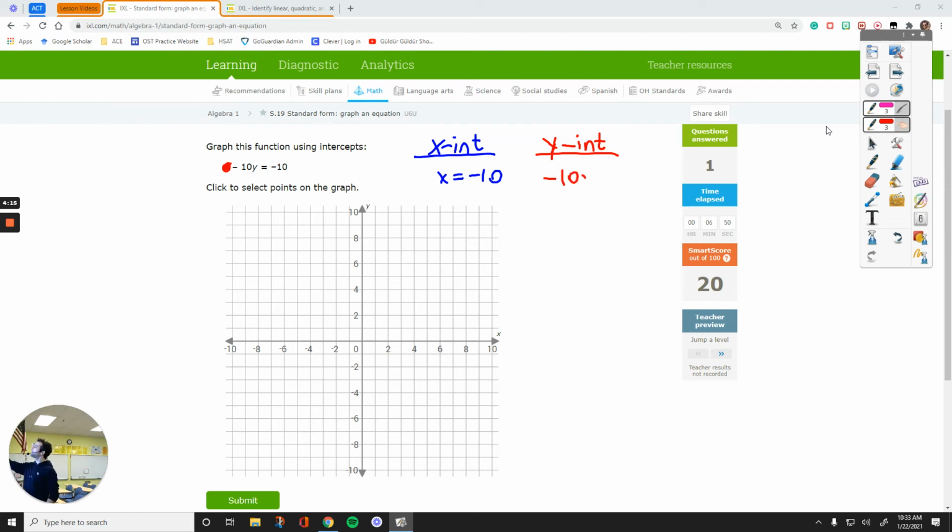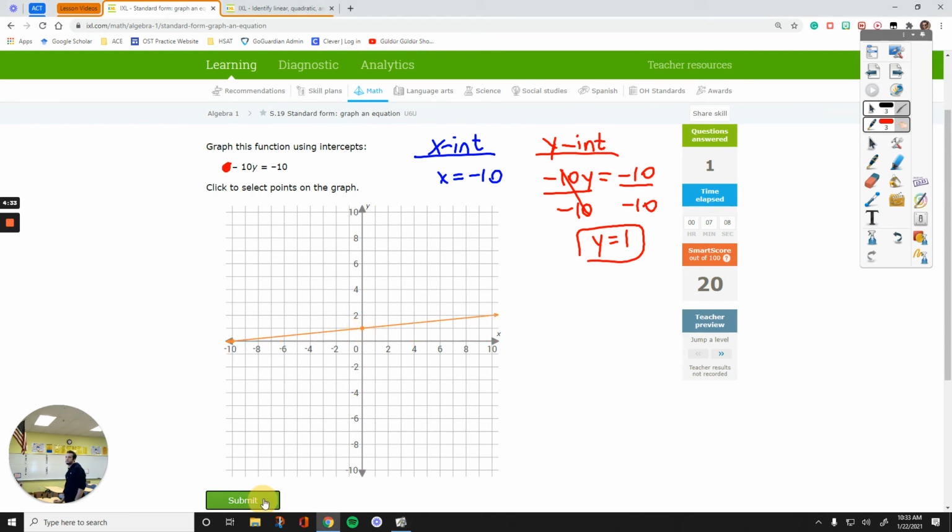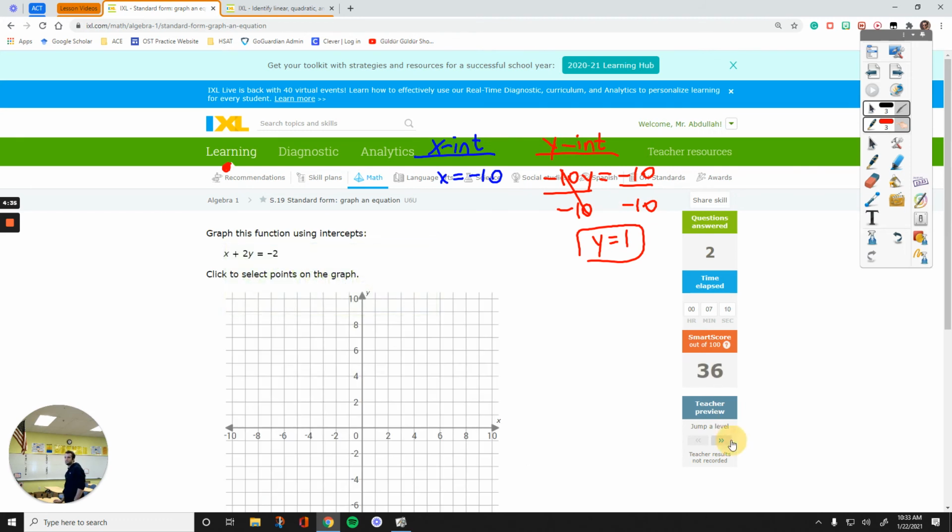Negative 10y equals negative 10. Get the y by itself. y equals positive 1. Plot those 2 points. x equals negative 10 right here, and then y equals positive 1. And submit it. Let's see if they get harder.